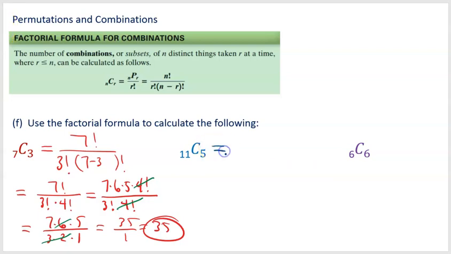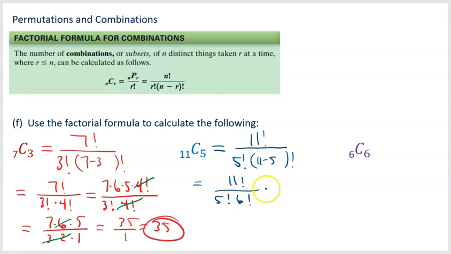Now, continuing on with the next one, again, the first number listed, bottom left, always goes on the top with a factorial. The second number listed when you're dealing with a combination goes straight in the bottom, but don't forget to subtract the 2 and then put the factorial on the outside. Then you need to do your subtraction. So I have 11 factorial divided by 5 factorial. We know 11 subtract 5 is 6, and the factorial goes with that.